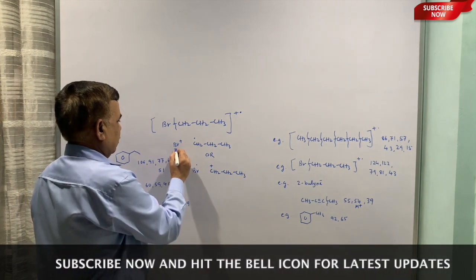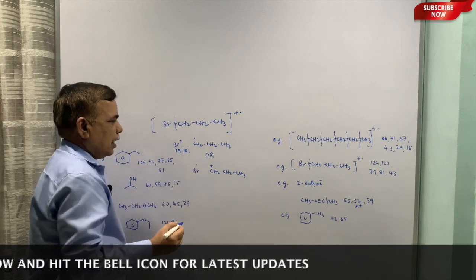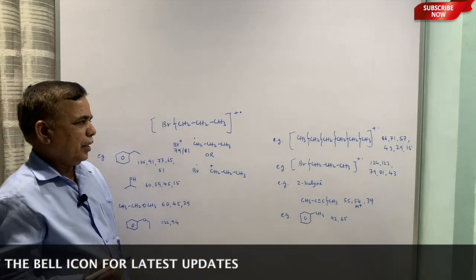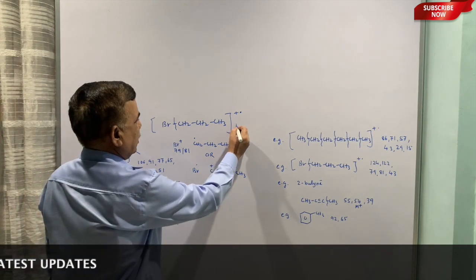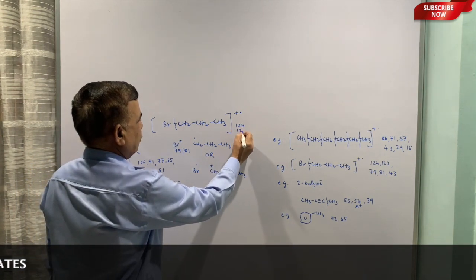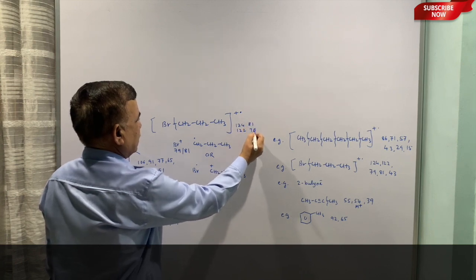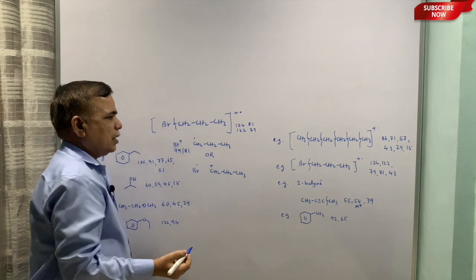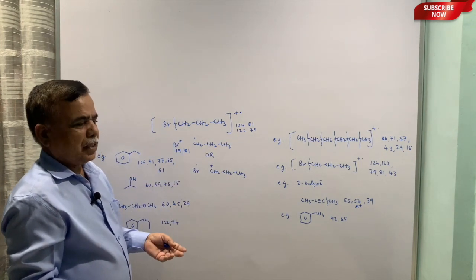So, here it will be either 79 or 81 depending upon the isotopic mass of the bromine, and the overall mass is 124 or 122. Here bromine is considered as 81, so the mass is slightly higher, and 122 when the mass is 79.